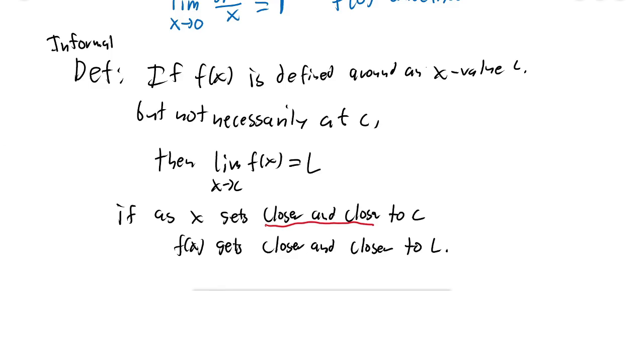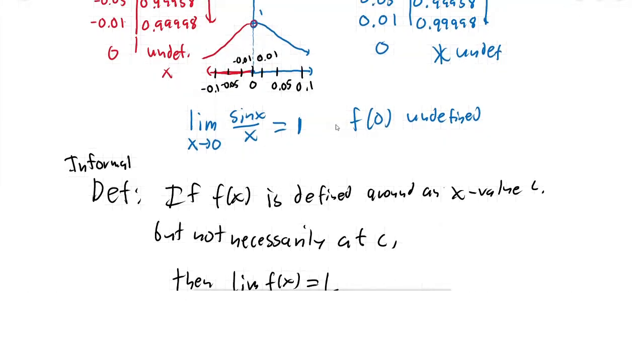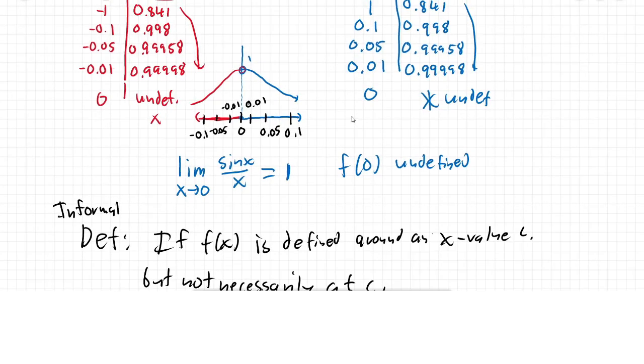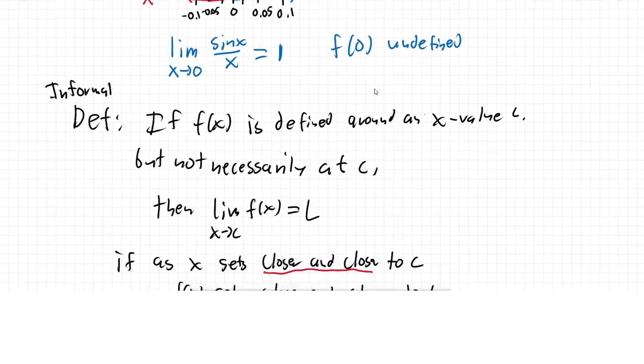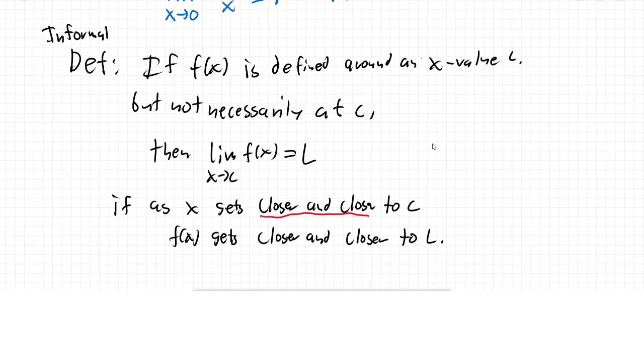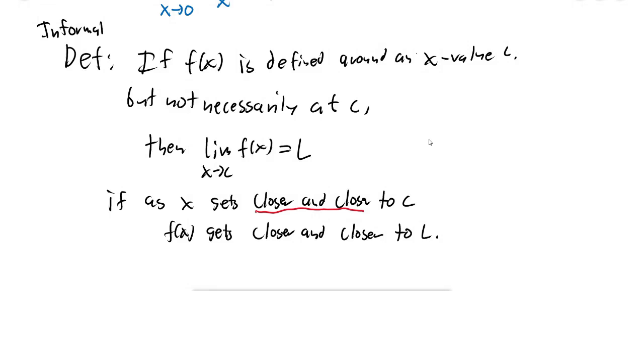In the above example, we chose values that were 0.01. That was pretty close to 0, and this got pretty close to 1. But this is a relative term, and oftentimes in math, we want more absolute and more rigorous definitions. But I think it's important to look at this more informally at first rather than to overburden you with a formalization until maybe a later time here. And then f of x will get closer and closer to L.